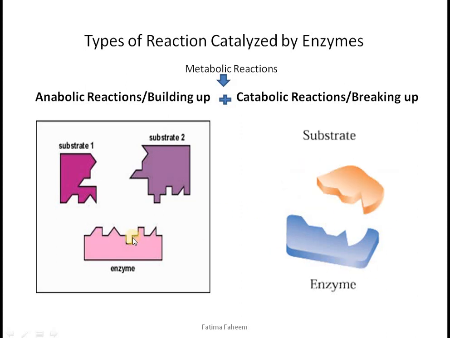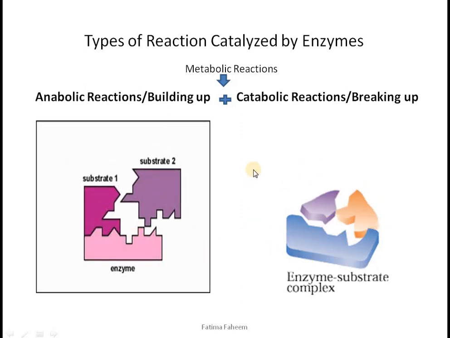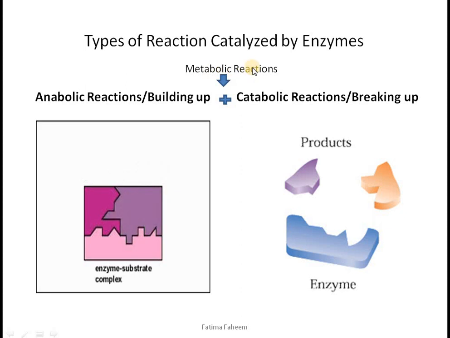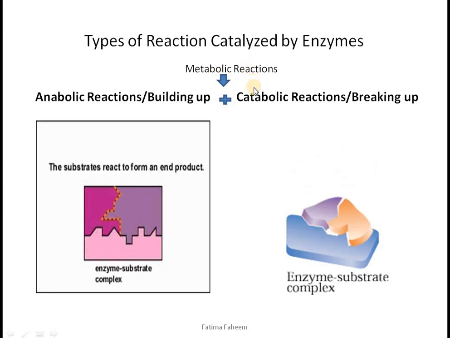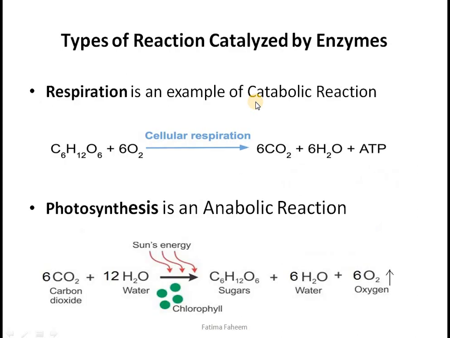So both of them are opposite to each other, and both of them together are called metabolic reactions, and these are happening both in plants and animals. Let's see the example of anabolic and catabolic reaction. The process of respiration is the example of catabolic reaction, because the comparatively bigger molecule glucose is being broken down in the presence of oxygen into smaller components along with the release of energy, which is in the form of ATP.